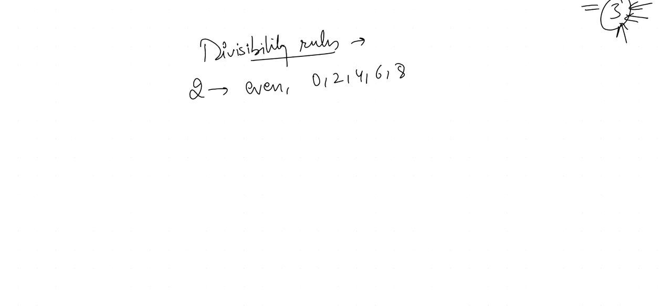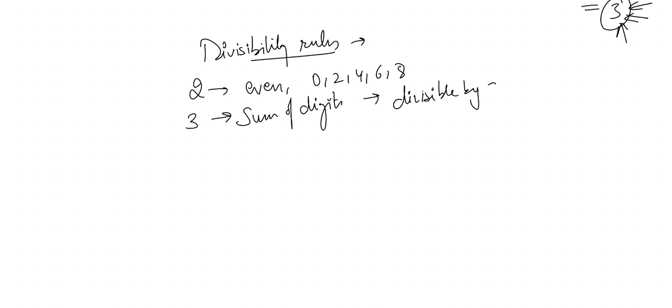Any of these numbers. Divisibility by 3, sum of digits must be divisible by 3. For example, 42. The sum of digits is 6, divisible by 3. So it's a multiple of 3.